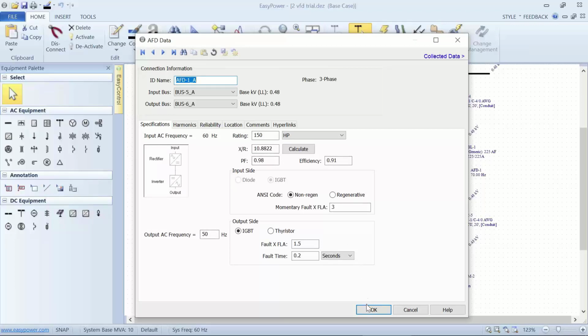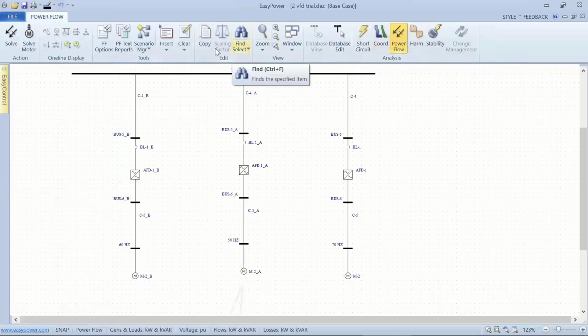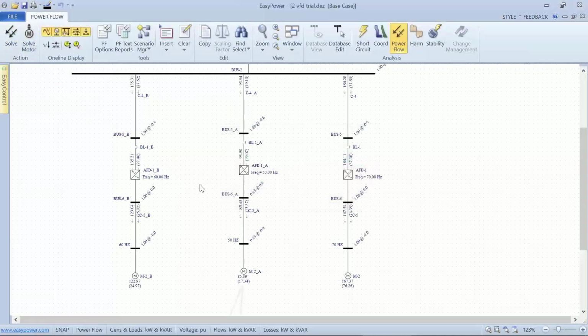Now the issue ends up being there's a modification assumed in the power factor. When we go to PowerFlow now, we're solving the equations and we're seeing a different output below the 60 hertz, which is our baseline.